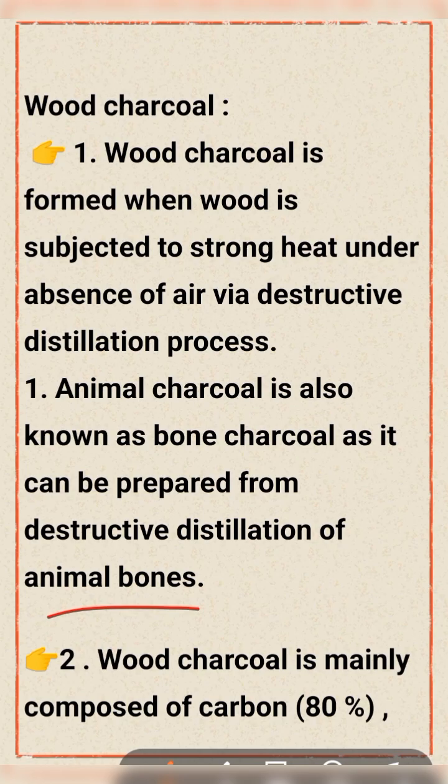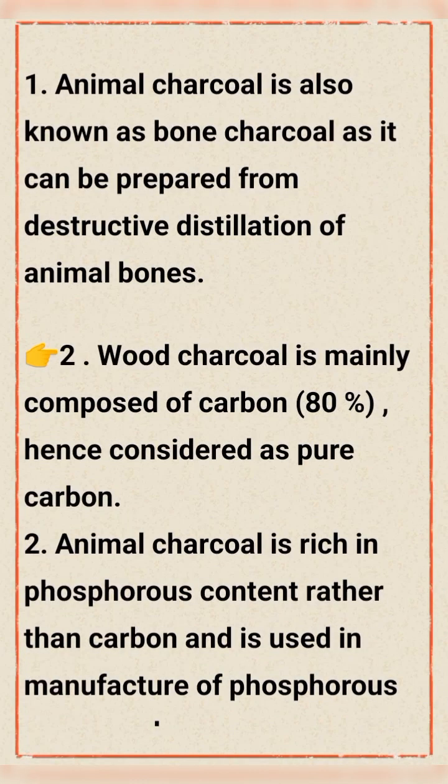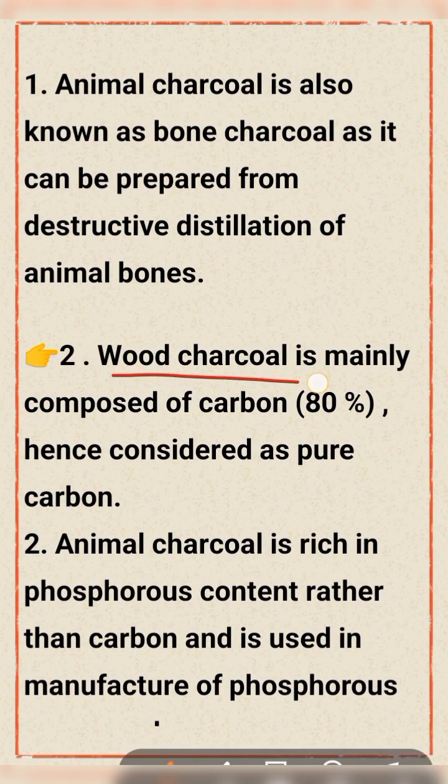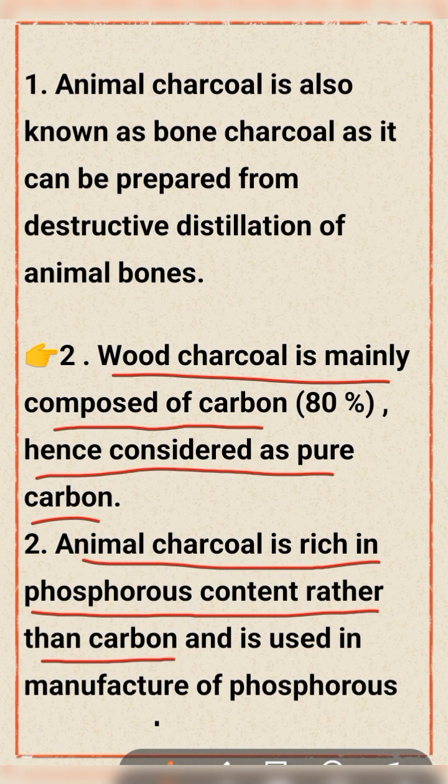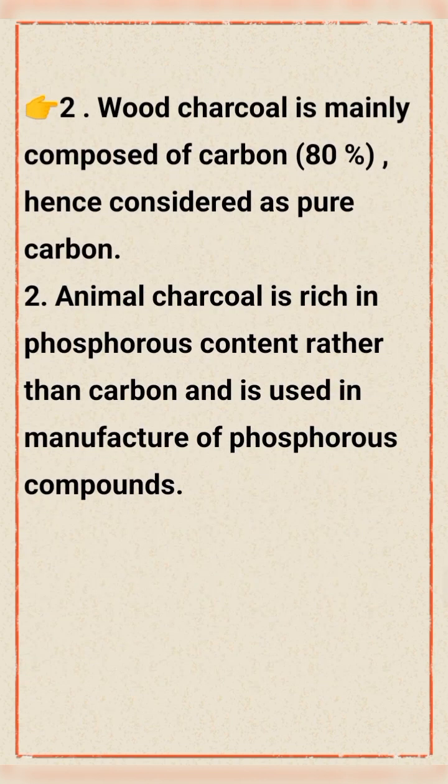Next point: wood charcoal is mainly composed of carbon, about 80%, hence we consider it as pure carbon. But animal charcoal is rich in phosphorus content rather than carbon, and it is used in the manufacture of phosphorus compounds. Okay. Thank you, my dear.